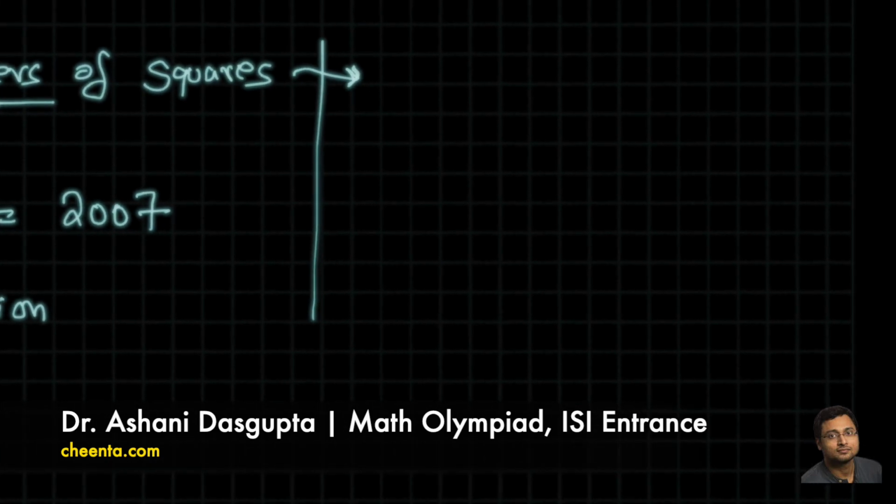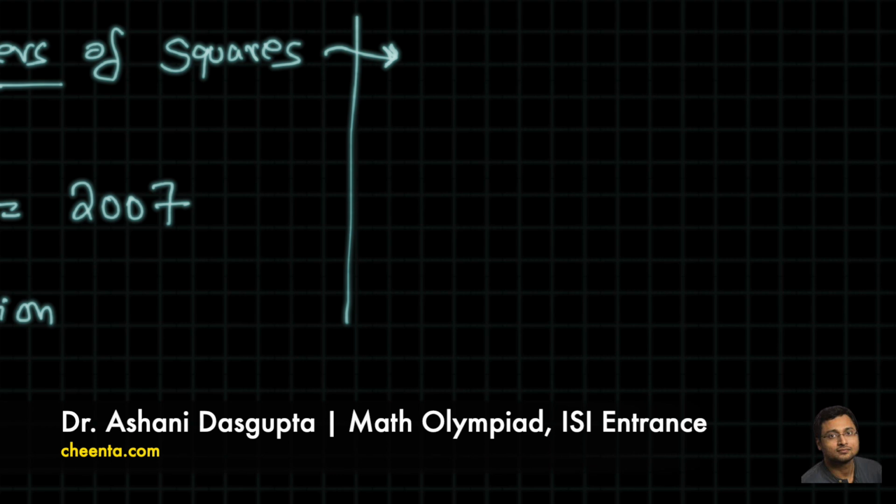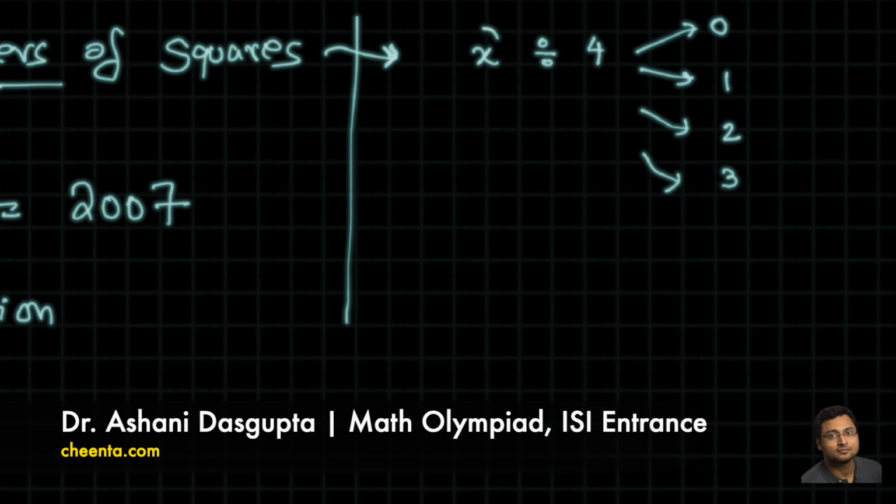So let me tell you what the strategy is. If you take any number x and divide that by 4, there are 4 possible types of remainders that you can get: 0, 1, 2, 3. So any number x can be written as 4 times some quotient plus 0.